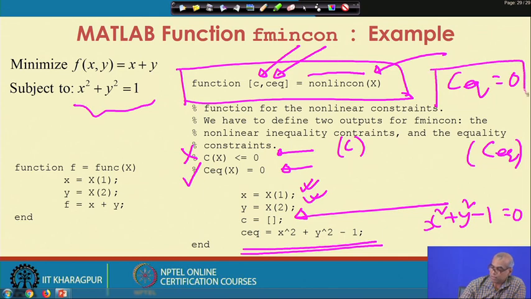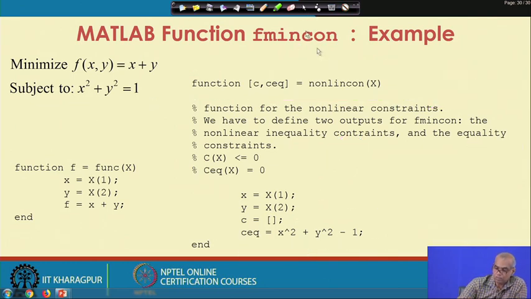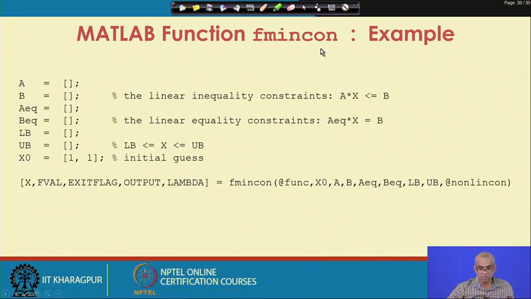So, you have to express the nonlinear equality constraint as C eq equal to 0. So, C eq will be x square plus y square minus 1. Once we have done this, we can now call the fmincon solver to solve this problem.